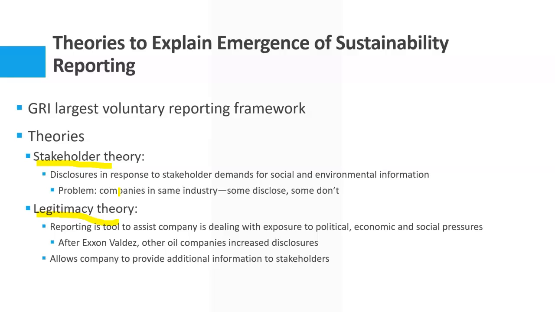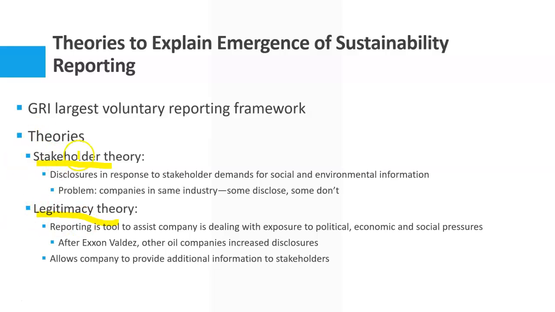And according to the legitimacy theory, the second theory, sustainability reporting is a tool. They look at it as a tool that assists companies in dealing with exposure to political, economic, and social pressure.